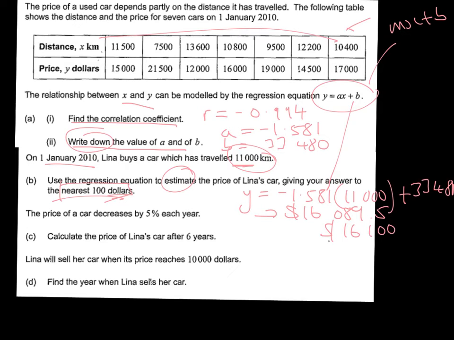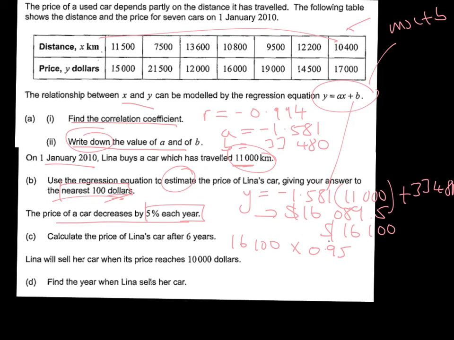Part C, we're told the price of a car decreases by 5% each year. Calculate the price of Lena's car after 6 years. So we've got our price, which we can take as 16,100, and we know that it's going to be depreciating by 5%, which is the same as multiplying by 0.95 for each year that it depreciates.